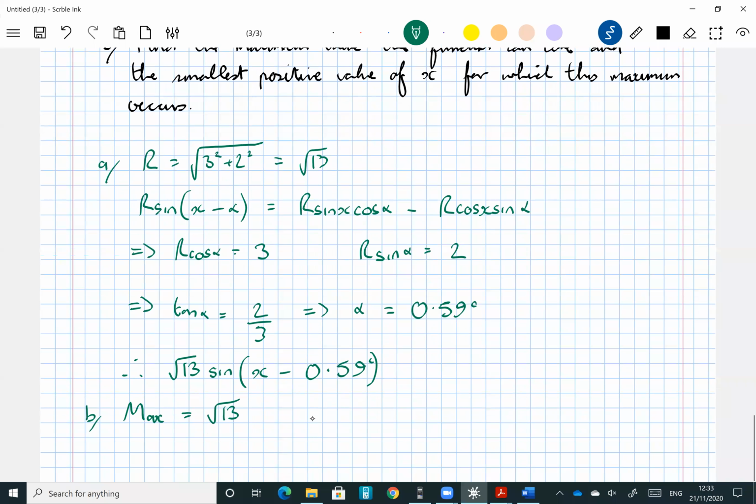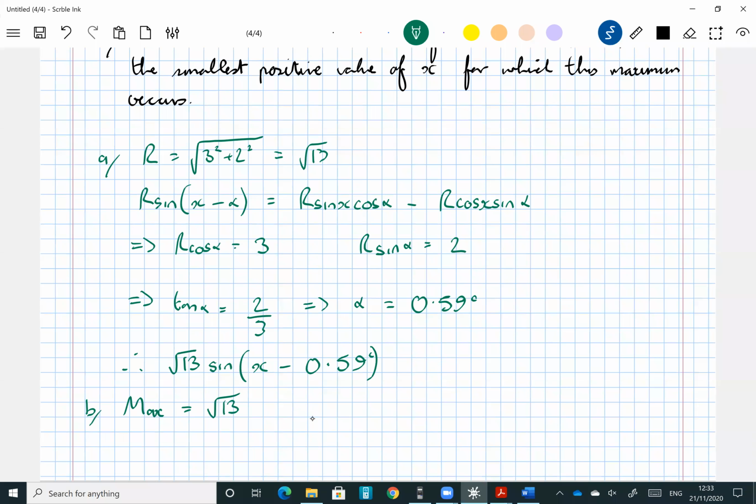And the smallest positive value of x for which this occurs, well, the maximum of sine we know occurs at 90 degrees. Or in this case, we're in radians, pi over 2 radians. So the angle we know is pi over 2 radians. So the angle x minus 0.59 we know has to be pi over 2 radians, because what's in this bracket has to be pi over 2 for it to be a maximum.